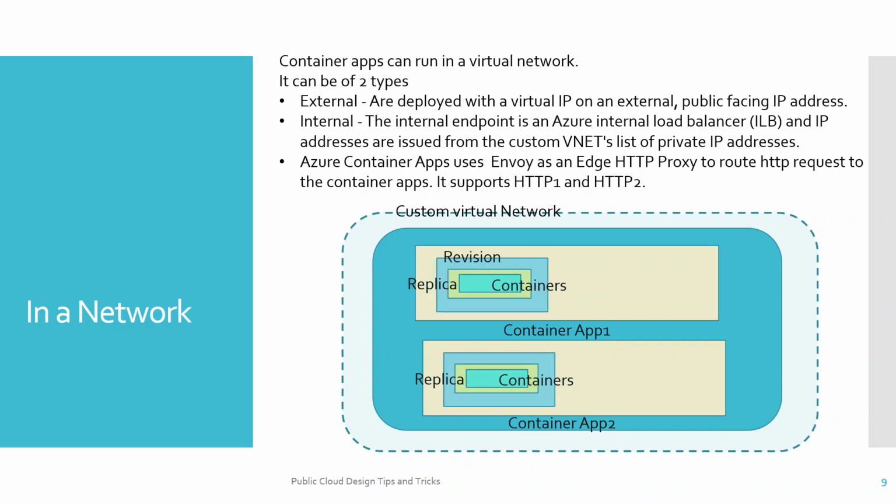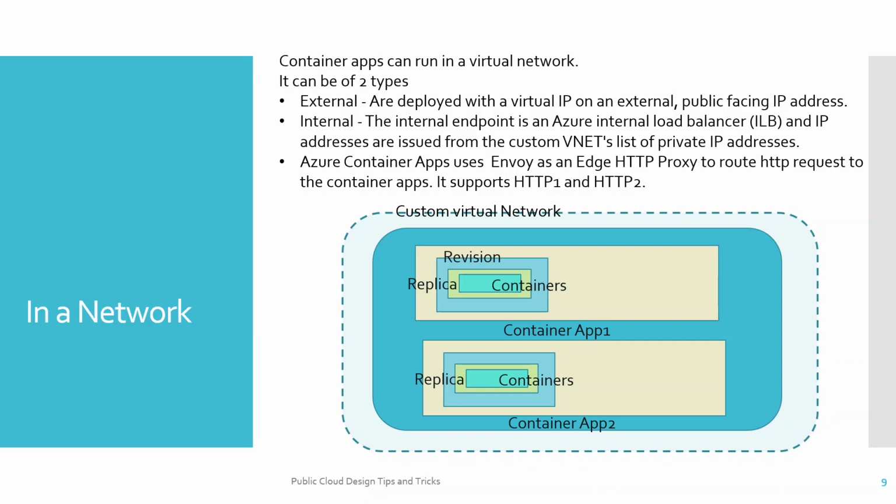On the other hand, internal always has an endpoint of a private address. That private IP can be of an internal load balancer, issued from the virtual network's private IP addresses, or from the subnet where it is hosted. That is how external gets differentiated from internal.